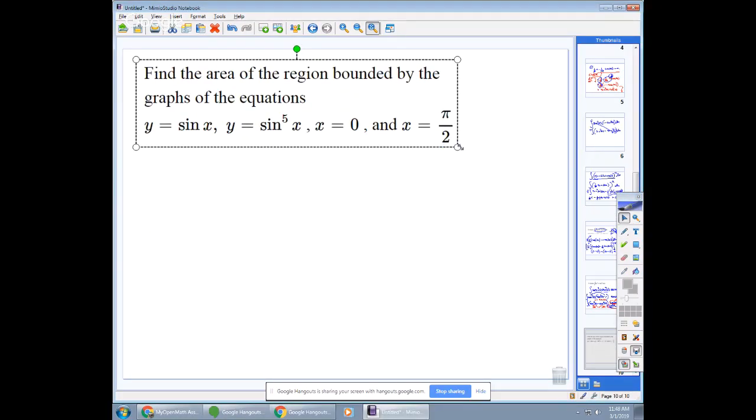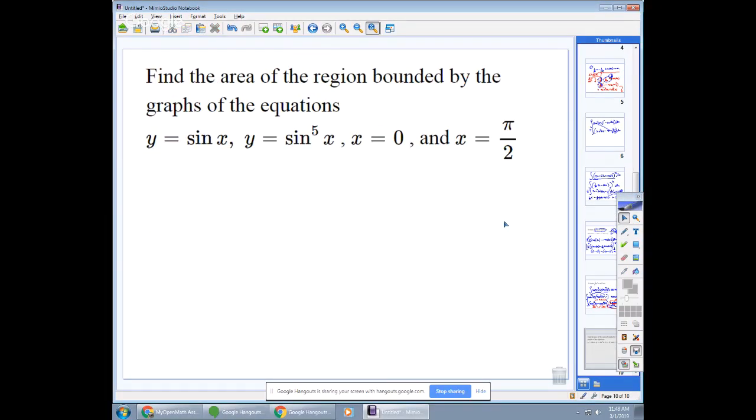All right, so my version has the sine of x, the sine to the 5th of x equals 0, and x equals 1/2. We're probably going to want a graphing calculator to get a picture of these. I do not know what the sine to the 5th looks like off the top of my head. It's a tough one. All right, so calculator time.